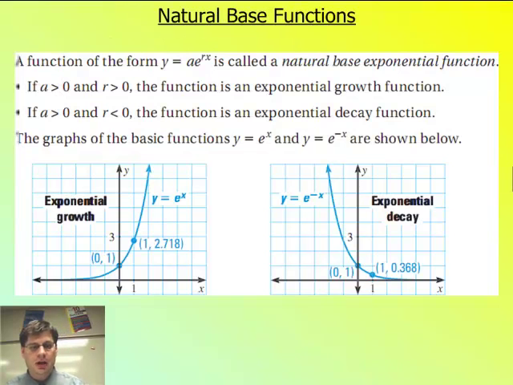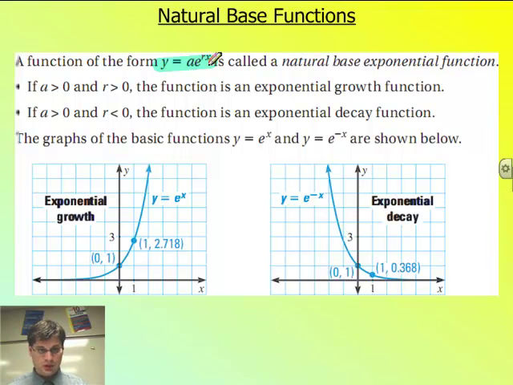Okay, so now let's talk about graphing. It works just like exponential functions, like exponential growth and exponential decay, except we're going to do it with a natural base. The general form of this function is y equals a e to the r times x.